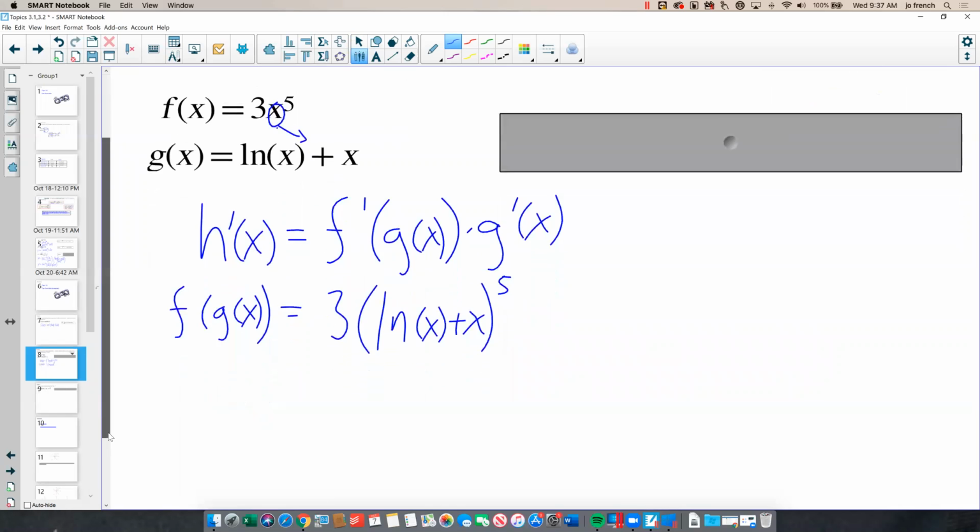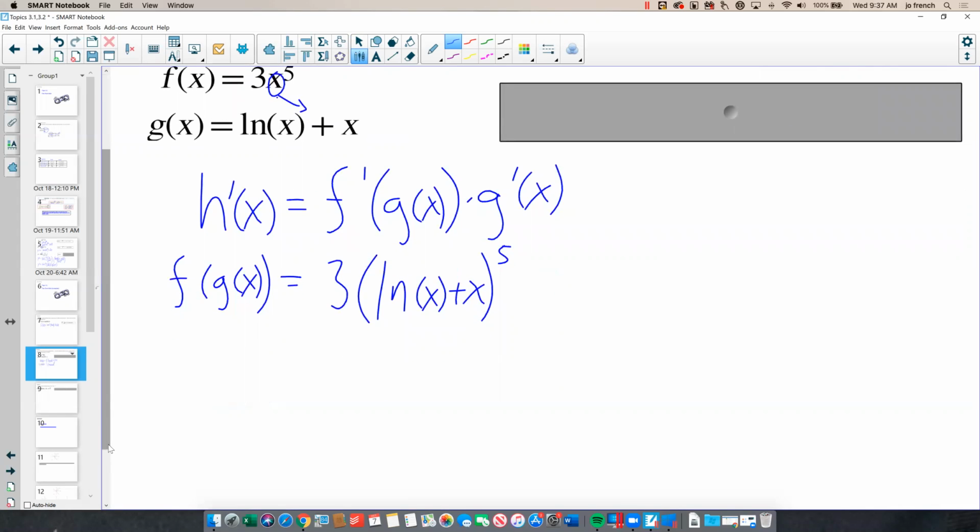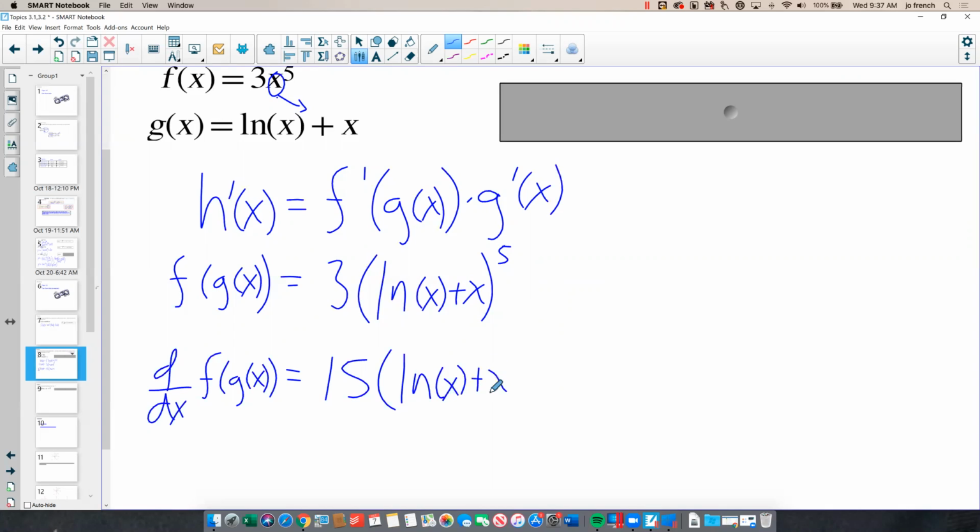And to find our derivative, we will apply our derivative rule. So the derivative with respect to x of f of g of x, we take the derivative of the outside operation, which is our fifth power. So we'll use the power rule, bring down the 5, and 3 times 5 is going to be 15. Leave the inside alone, natural log of x plus x, raised to the fourth power now because of our power rule.